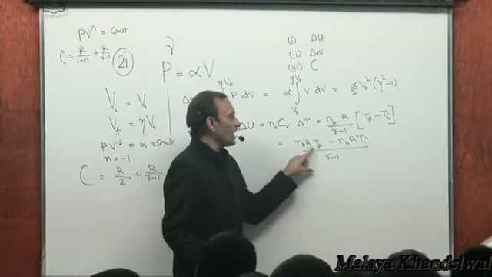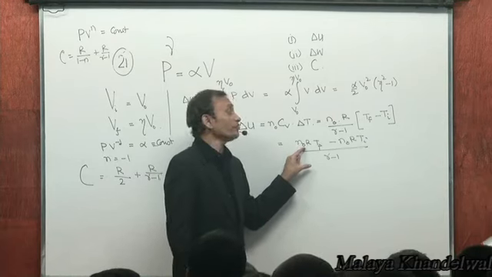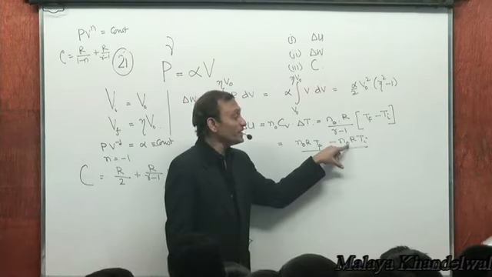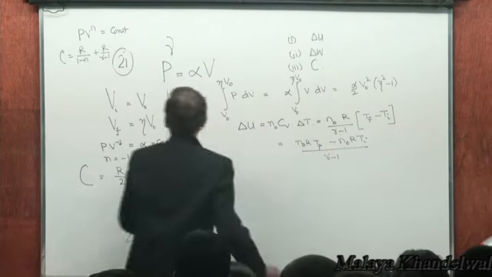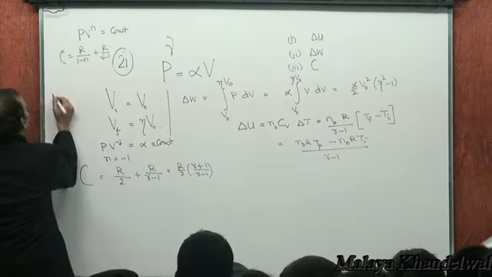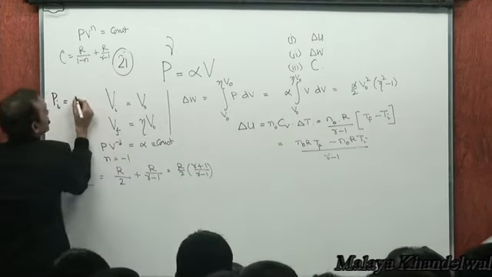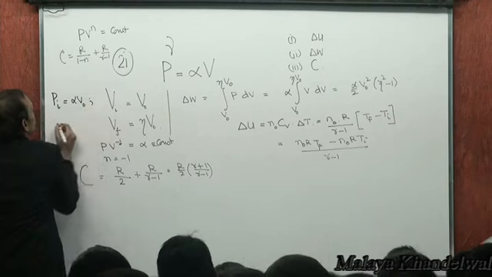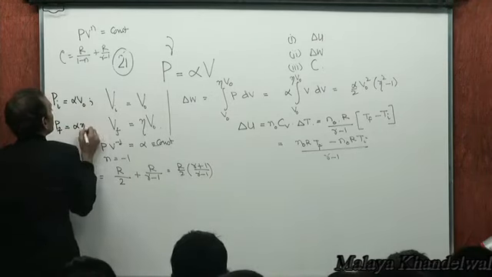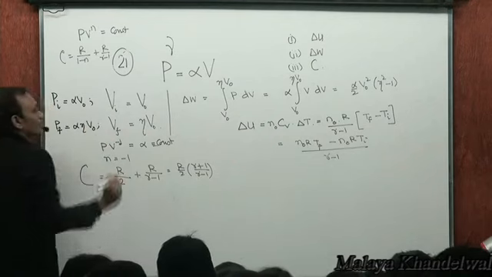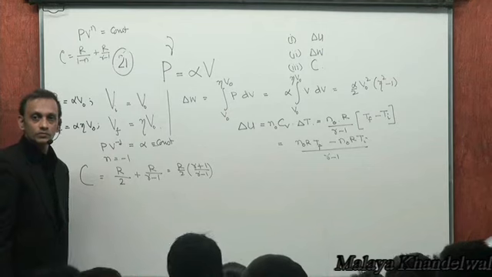So nR into final temperature is going to be final pressure into final volume, and this would be initial pressure into initial volume. And what is initial pressure? Initial pressure would be alpha times initial volume, so that's going to be alpha V naught. What's final pressure? Final pressure is going to be alpha times eta V naught. Does it make sense to you?